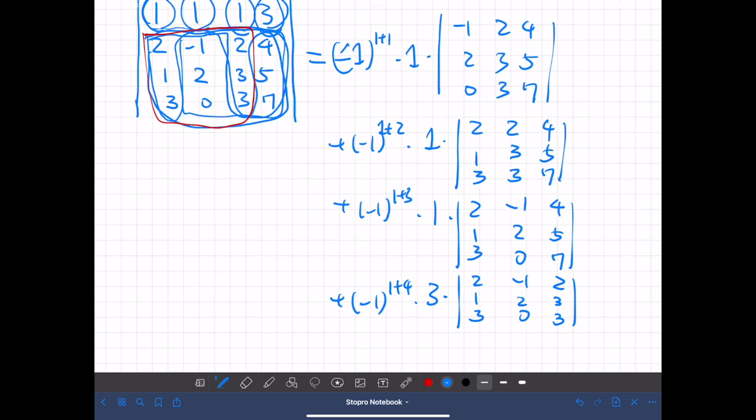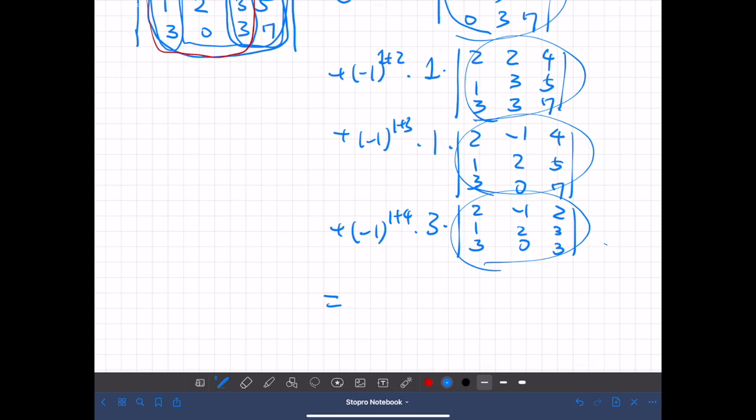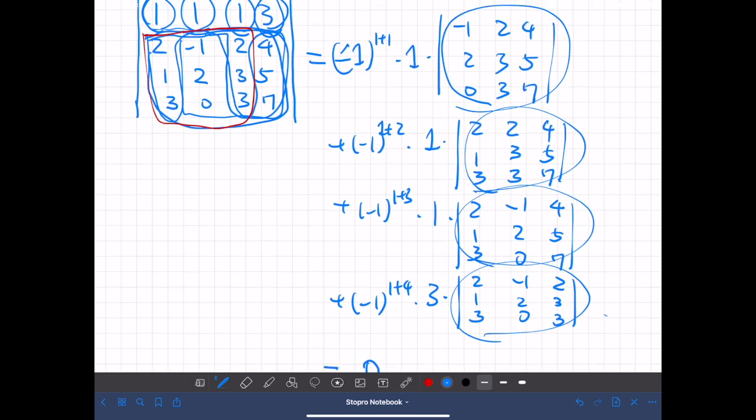And then we calculate the determinants of these matrices. So we need to calculate four 3 by 3 determinants, and we can go on like this until we get the final number. By the way, the result is just 0 actually, if you do the calculation.